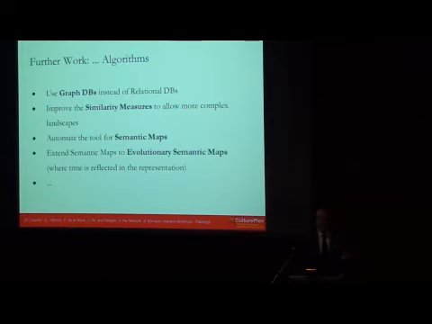We are creating the Silva database, a manager for graph databases that can be used almost intuitively by humanists, we hope, and improve the similarity measures, create an automated tool for semantic maps, and extend semantic maps to evolutionary semantic maps.